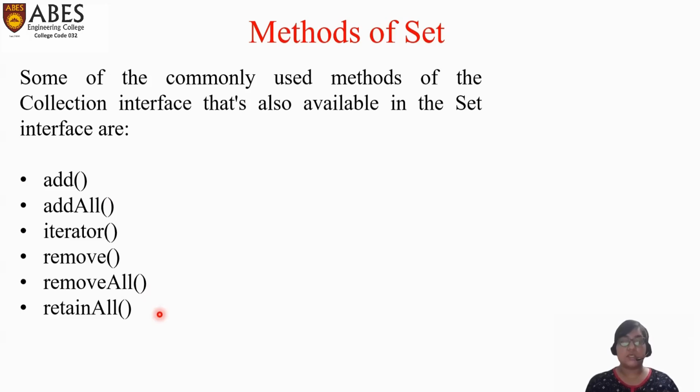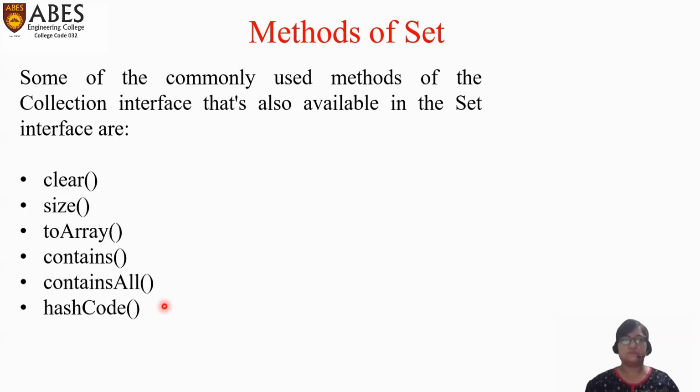As the name suggests, the retainAll method retains all the elements in the set that are also present in another specified set. Then we have the clear method. The clear method is used to remove all the elements from the set.